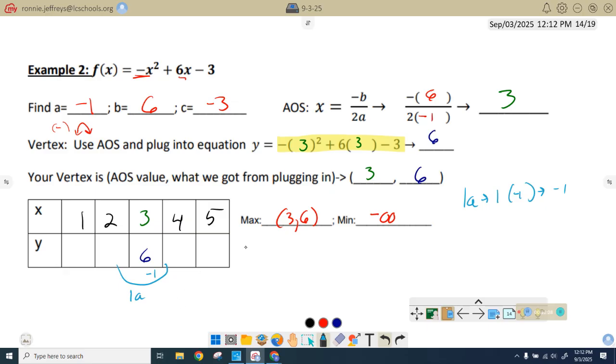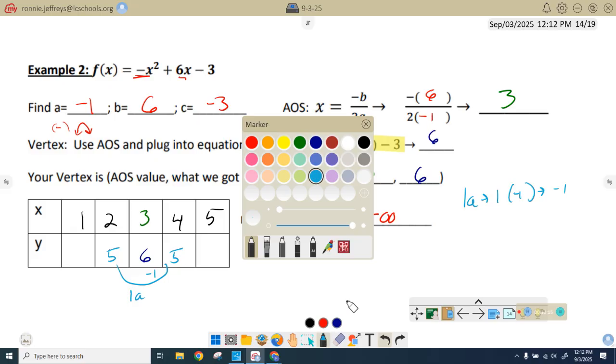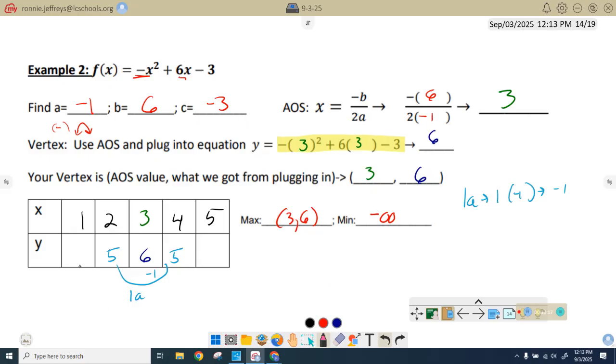If you have 6 fingers, you cut 1 off, you have 5. 3 times -1, -3. So if we have 5, we take 3 away. It's 2.